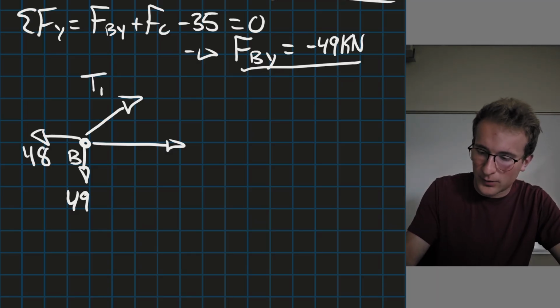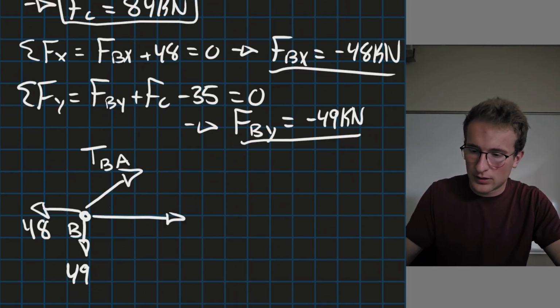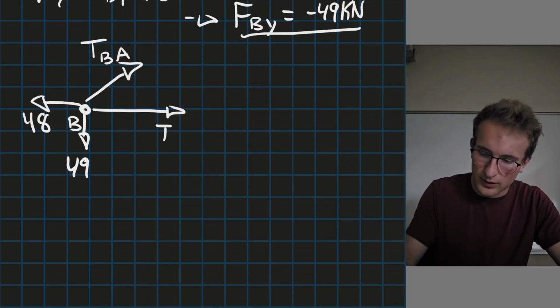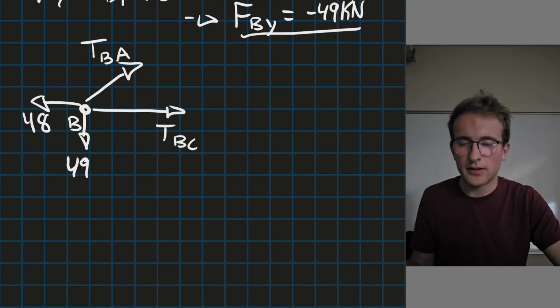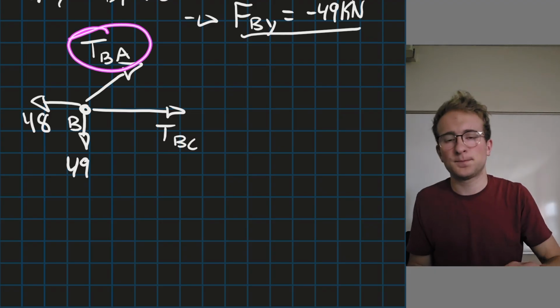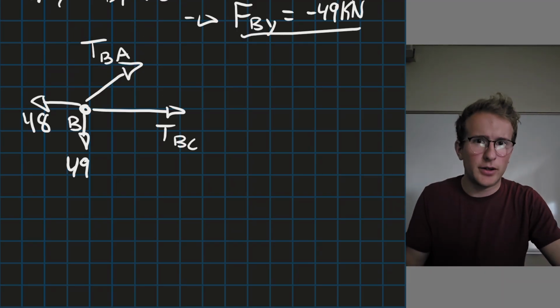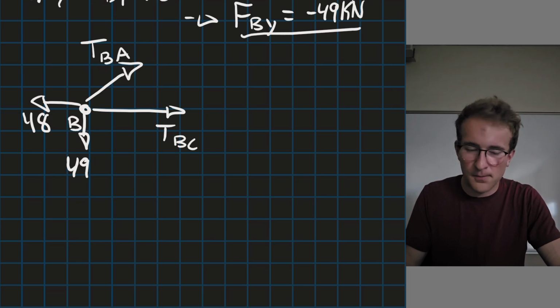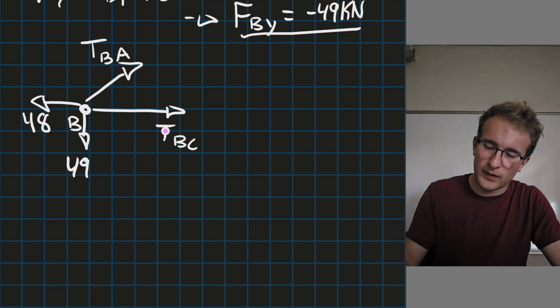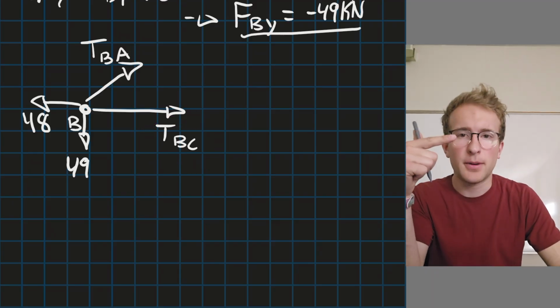I'm going to call this magnitude T BA. And this magnitude T BC. The tension in bar BC, the tension in bar BA. Okay, now I need to write force vectors. So what is this force vector? Well, it's purely in the positive direction.